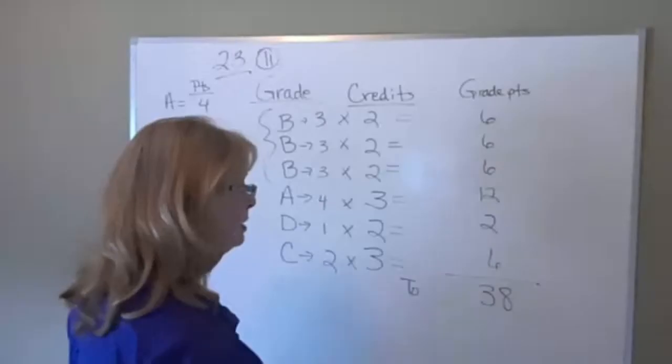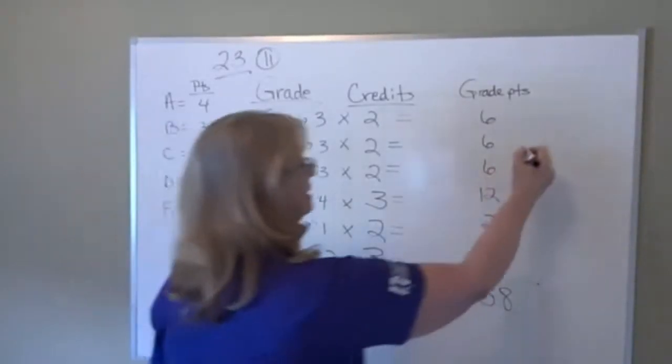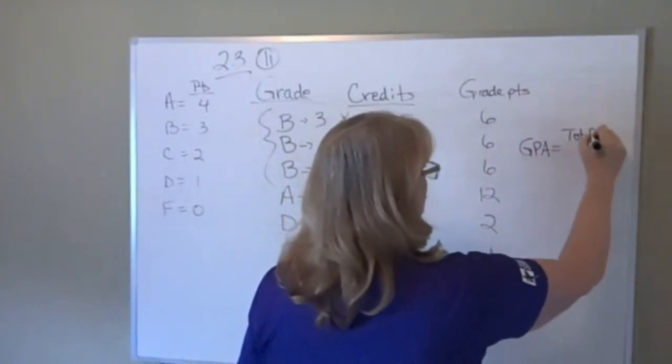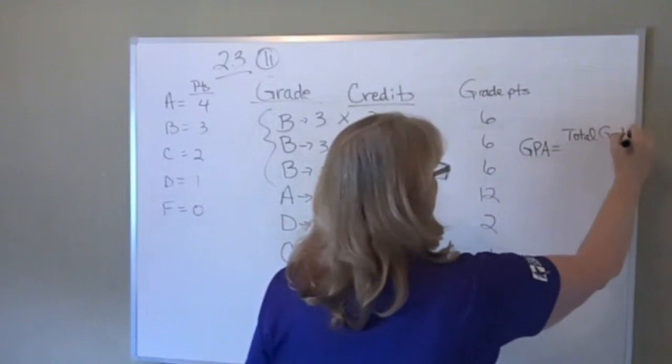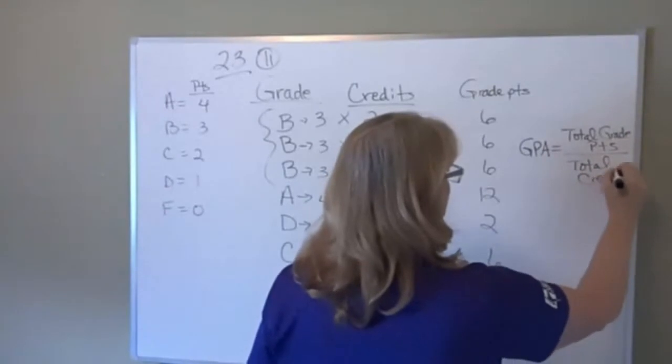Okay. And then you have to divide that. So your GPA is total grade points out of total credits. So we have one more step on this.